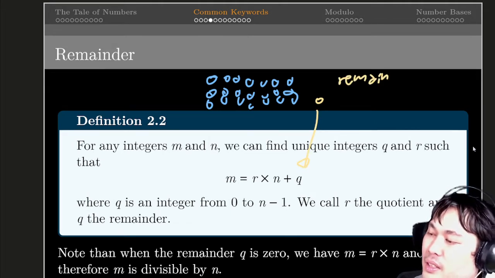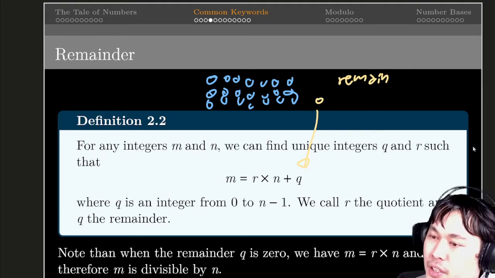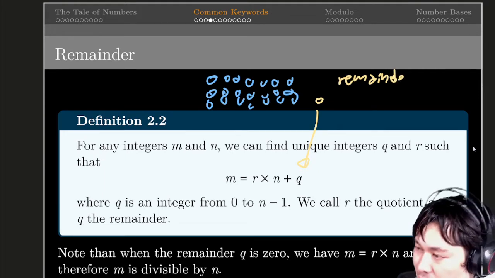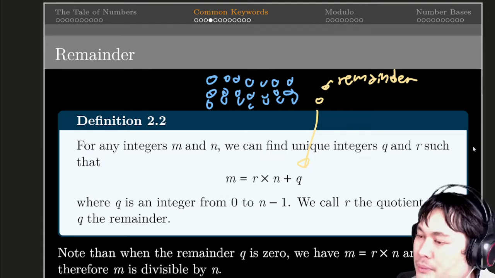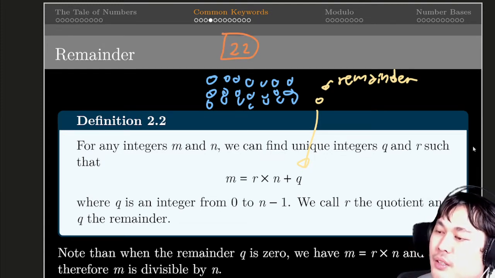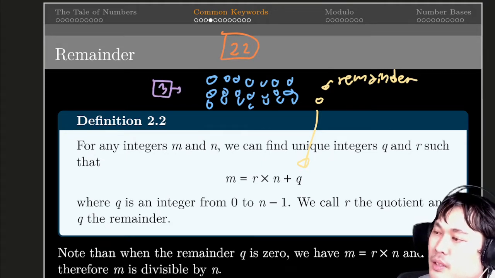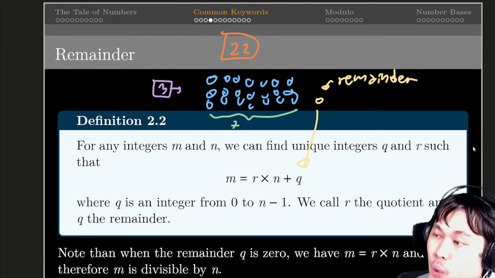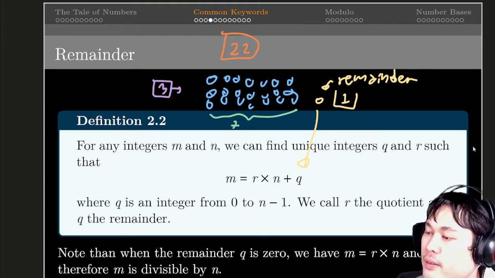What remains after you divide them. Remainder. In this case, it has a remainder of 1. 22 objects divided into 3 rows. Each row has 7 objects, and there's a remainder of 1.